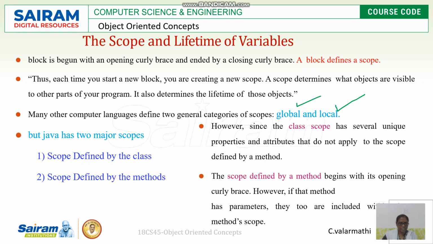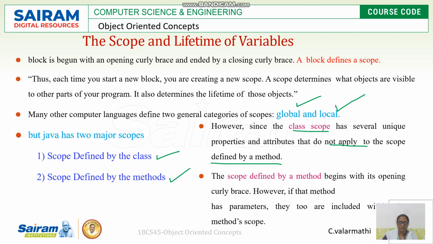Here in Java, there are two major scopes: scope defined by the class and scope defined by the method, right? The scope defined by the class has several unique properties and attributes that do not apply to the scope defined by the method.